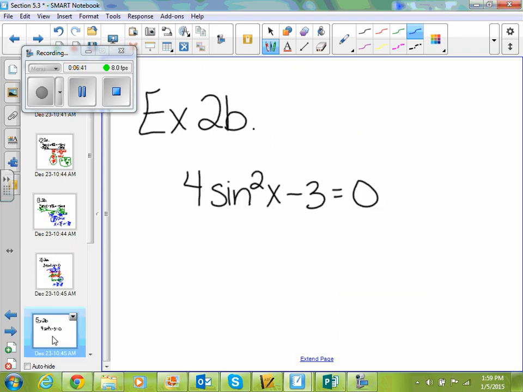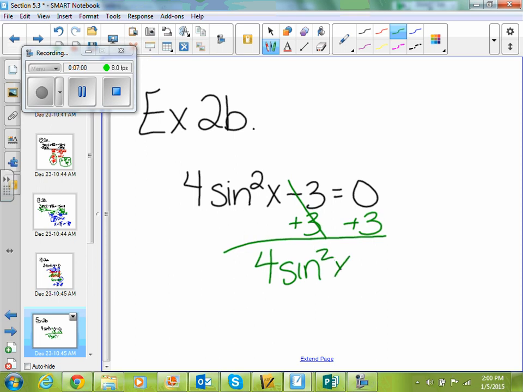If I look at 4 sine squared of x minus 3 equals 0, the first thing I need to do is get rid of this minus 3, so I'm going to add 3. So 4 sine squared of x equals 3. Then to get rid of this 4, I'm going to divide by 4.